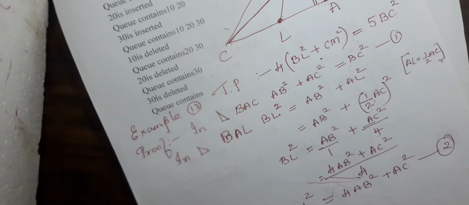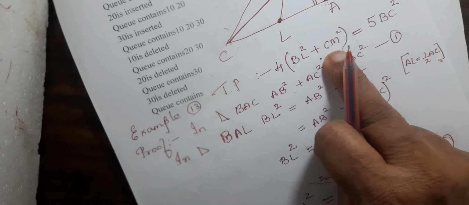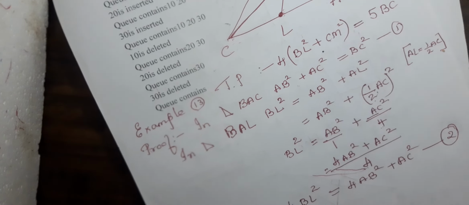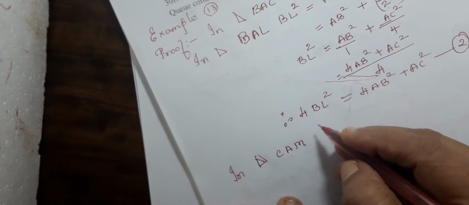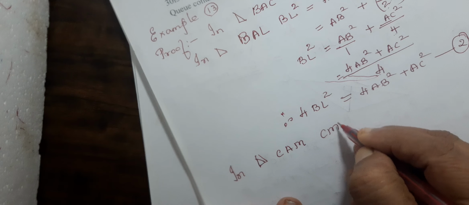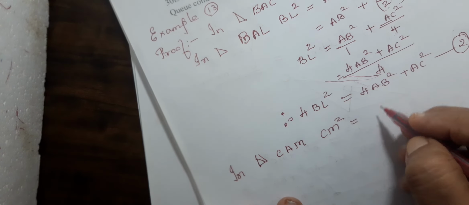Now I will take the other right angle triangle. CM squared I need, so I will take right angle triangle CAM. Right angle triangle CAM. So CAM means what happens there? CM squared is equal to, that will be the hypotenuse.